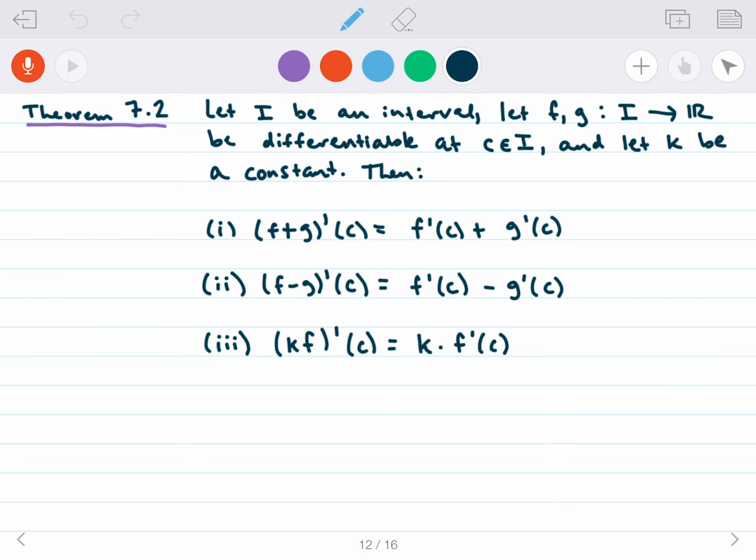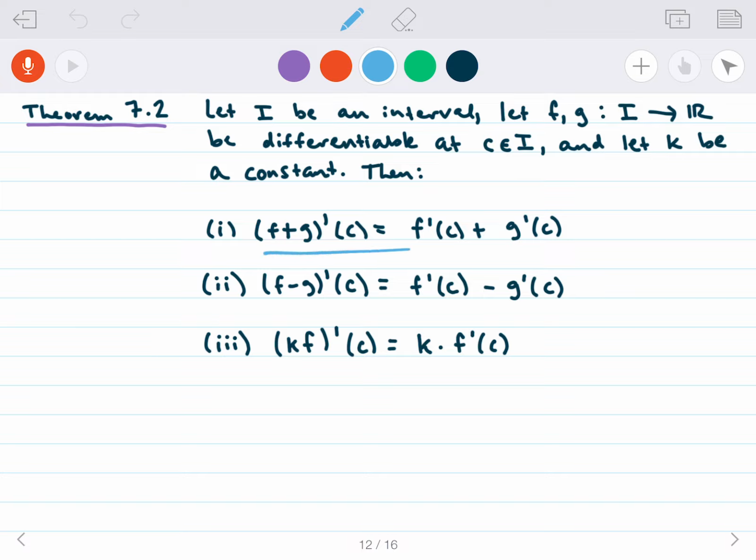Okay, so here are some rules that we all know and love, and I'm not going to prove them, but it's pretty straightforward to just use the definitions to prove these. The point here is that the derivative function is linear. So if you have the sum and you're taking the derivative, that breaks up into the sum of the derivatives.